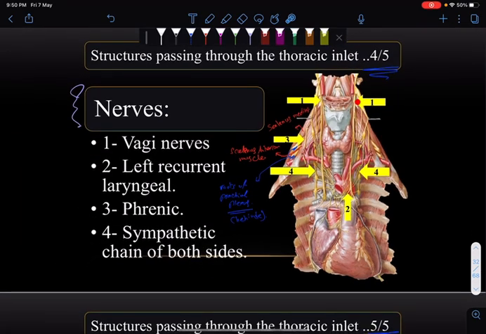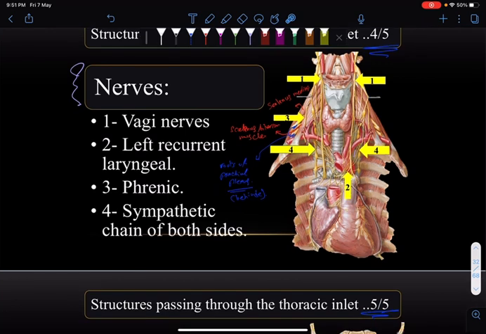نعيد، الvagus nerves, recurrent laryngeal, chains اللي هون اللي هم sympathetic chains حتى إذا بتشوفوا الganglia مبينين clearly here, and the phrenic that passes over the scalenus anterior وفوقها بيكون scalenus medius ووراها بيكون posterior one.